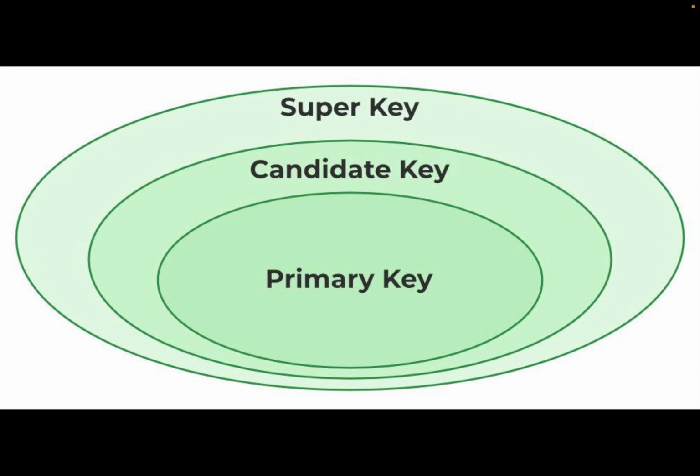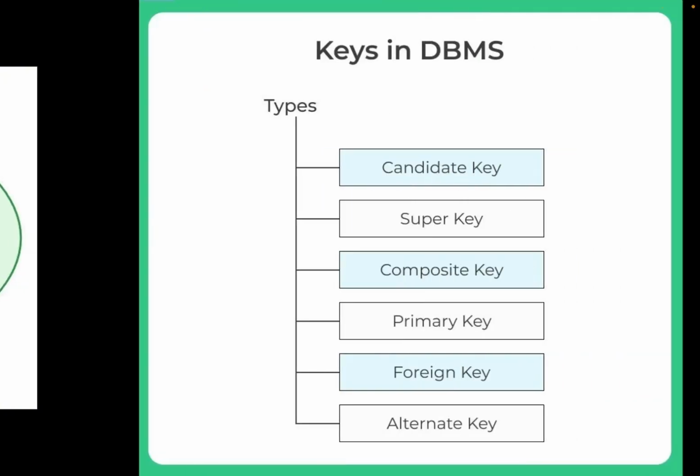No employee will be left without an employee ID. So the main requirement of a primary key is that it uniquely identifies each row of the table. That means it must be unique and it should not be null. When you say null, it is not empty. An example is a customer ID or employee ID in a customer table or employee table, right?